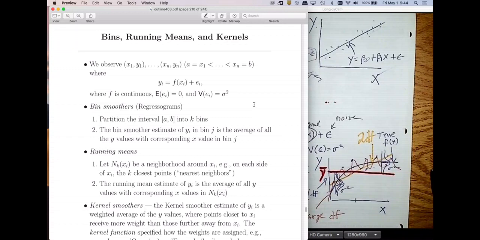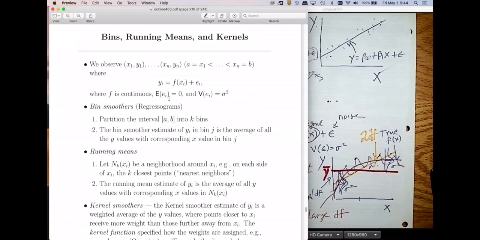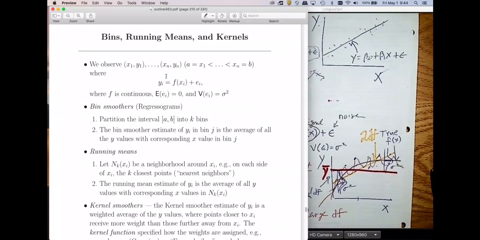All right, so I'm going to lay out the assumptions a little more formally here. So this is what I wrote on the piece of paper earlier. I'm going to assume that I have n observations, and for the sake of describing some of these, I'm going to assume my x's have been ordered. So x1 is going to be the smallest x, and xn will be the largest x.